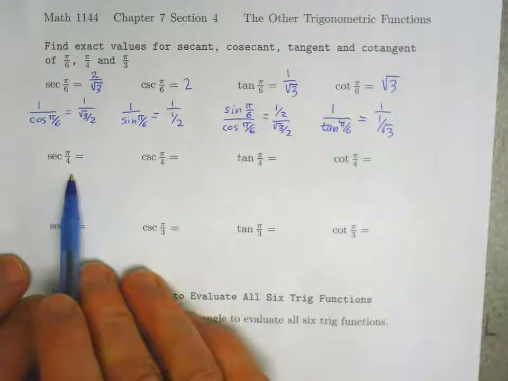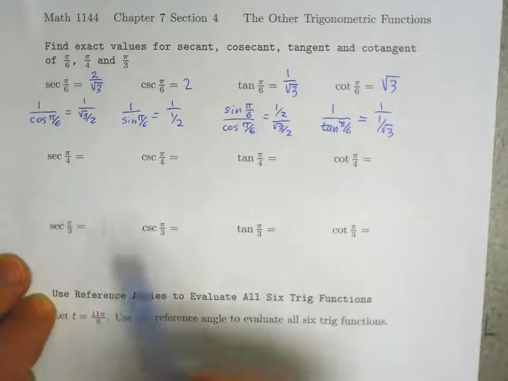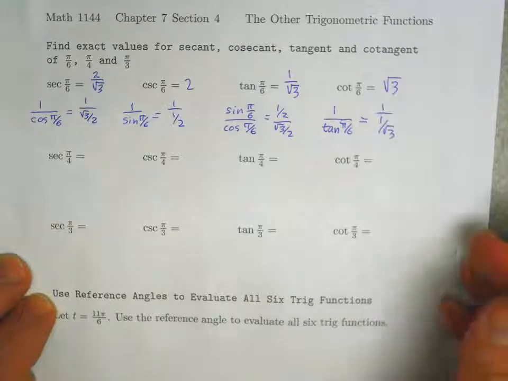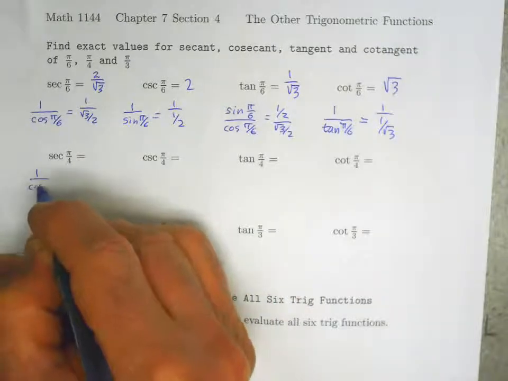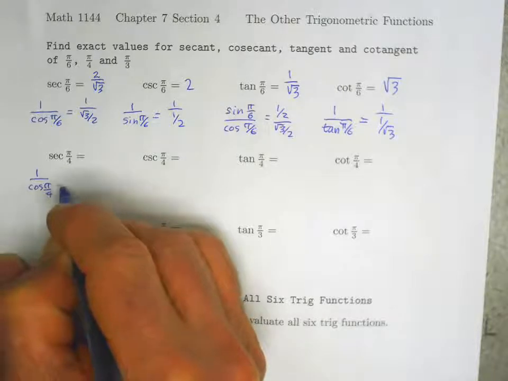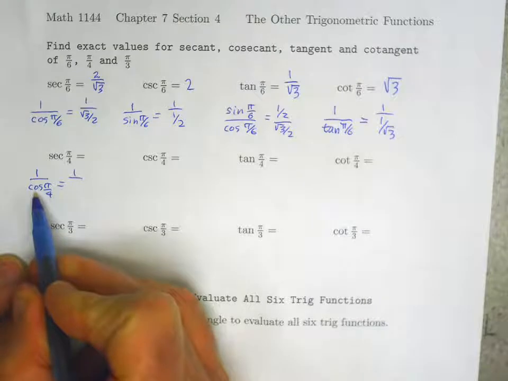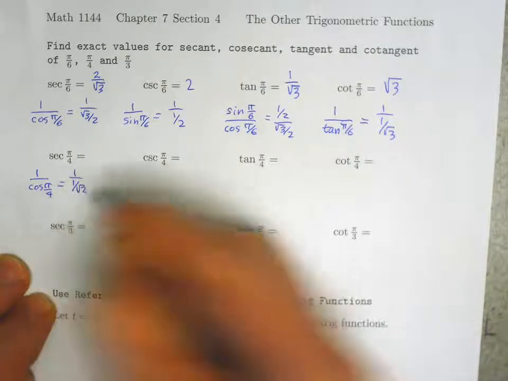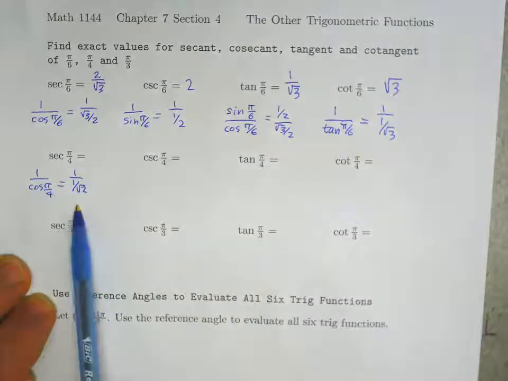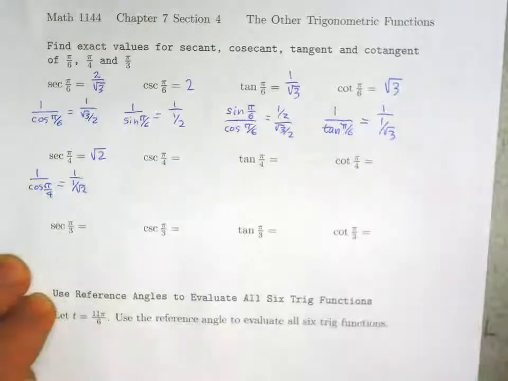Secant of pi over 4. This is the reciprocal of cosine of pi over 4. So 1 over the cosine of pi over 4 is 1 over, and then the cosine of pi over 4 is 1 over the square root of 2. And 1 divided by 1 over the square root of 2 is just the square root of 2.